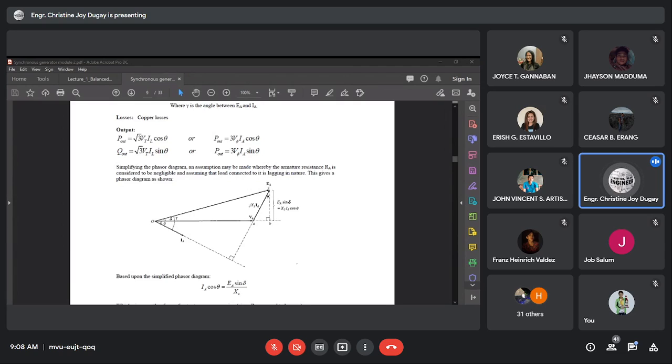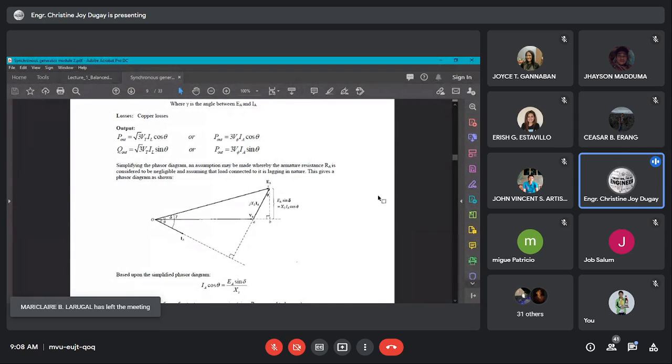And then yung sine naman, since naka-opposite siya, opposite niya yung gamma, sine ang ginamit niya. Naintindihan? Yes, ma'am. Okay, so, okay na, no? Any questions, clarification? Wala naman?